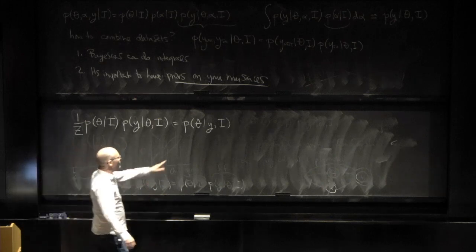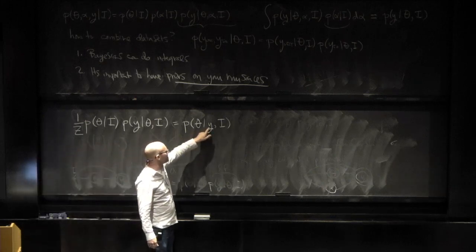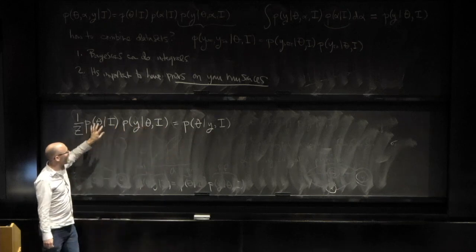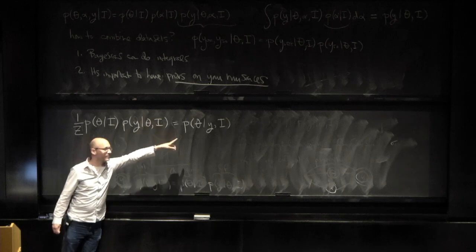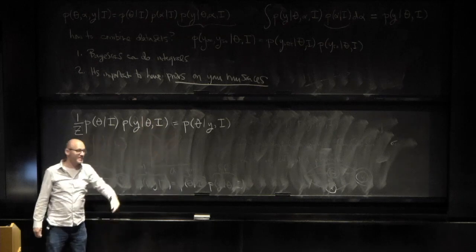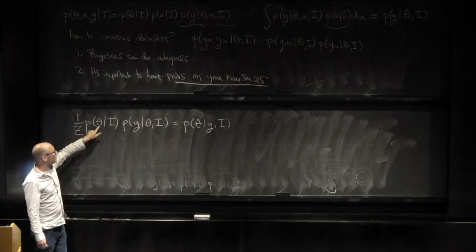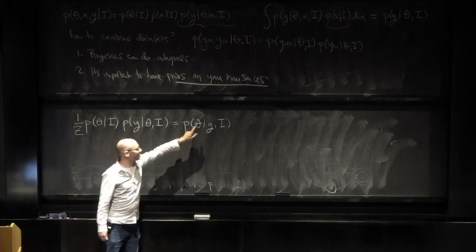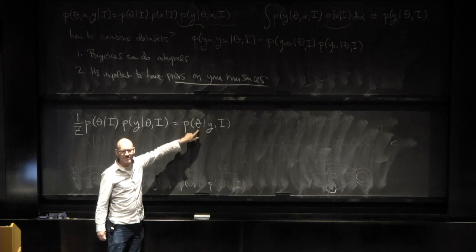The most important thing to say is the updating of your beliefs is multiplicative. You take your prior, you multiply by the likelihood, and now you have your new beliefs. But then the next thing to say is this thing has units of per theta, this has units of per data, and this has units of per theta. So we had to change units.